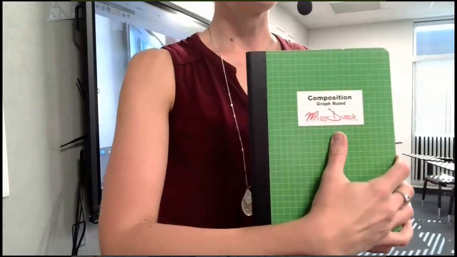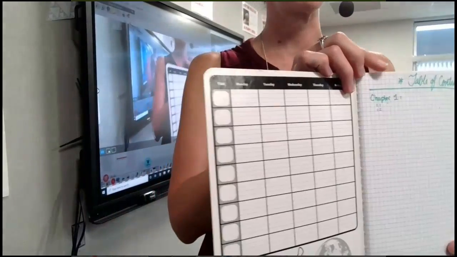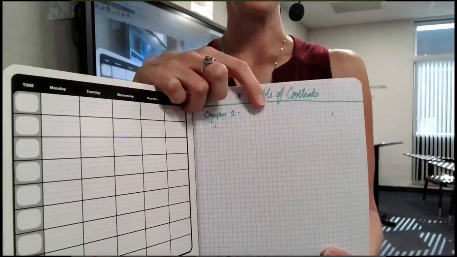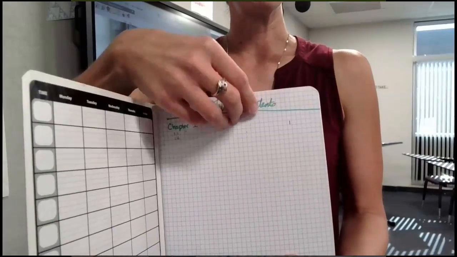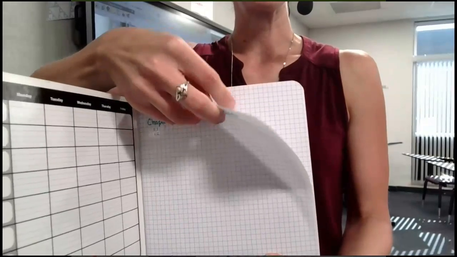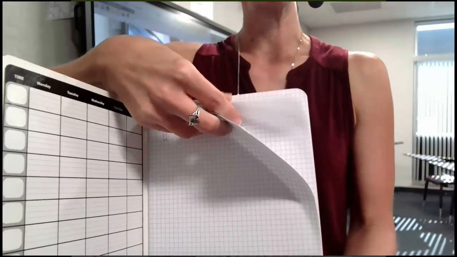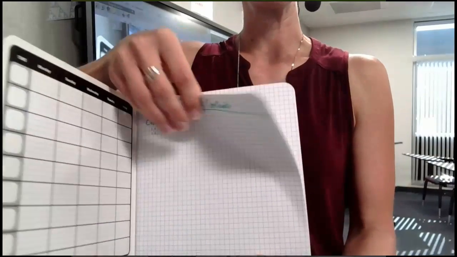In your composition book, you can make the first page the table of contents. I haven't put the section because all my classes have a different first section. But you're going to put page 1, and you need to save some of these pages for your table of contents. So flip 2, if not 3 pages. Keep a few blank right here in the front for your table of contents.